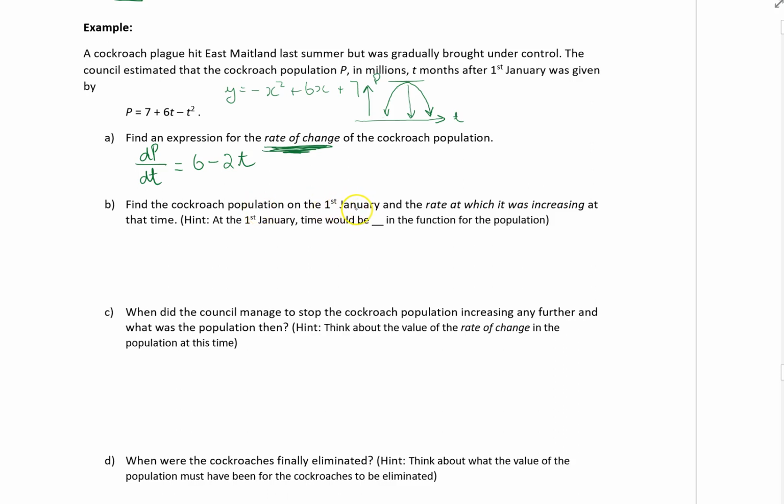On the 1st of January, so this whole thing started 1st of January, so it must have been at the beginning, and the rate at which it was increasing at that time. So we've got to find two things. A hint, at the 1st of January, in this case, time is 0. So we want the population, and the population is 7 million.